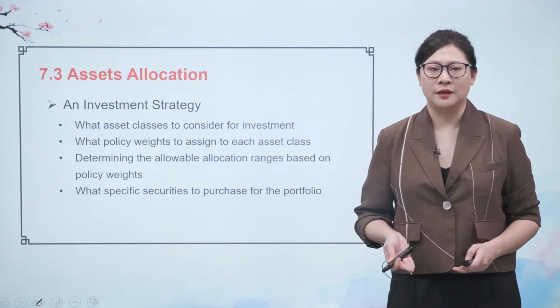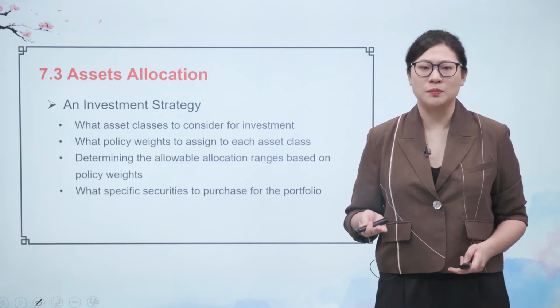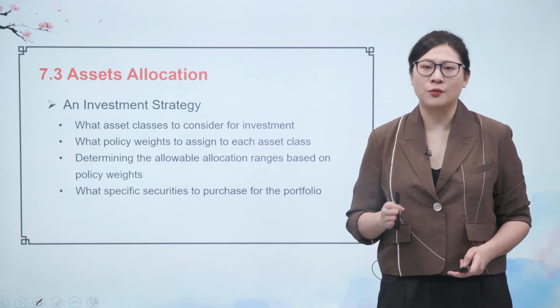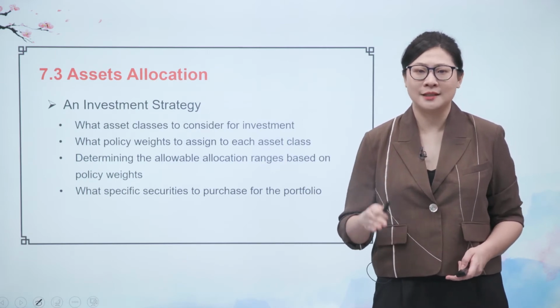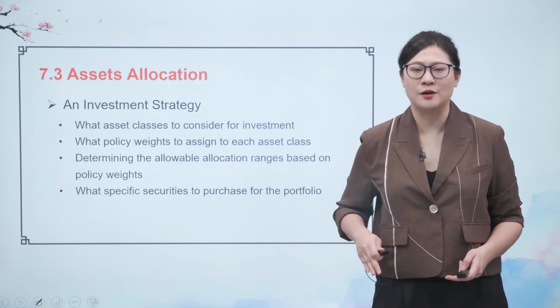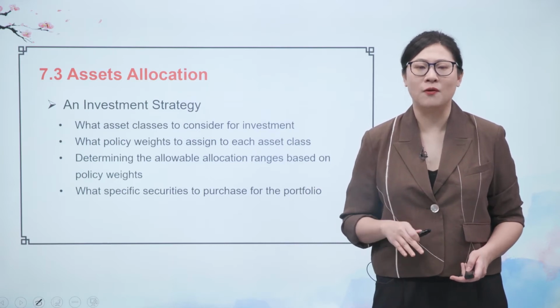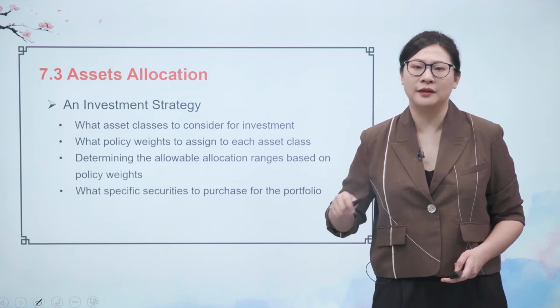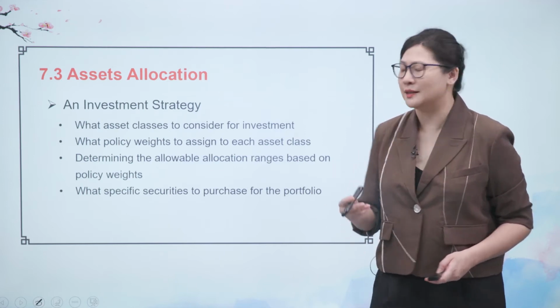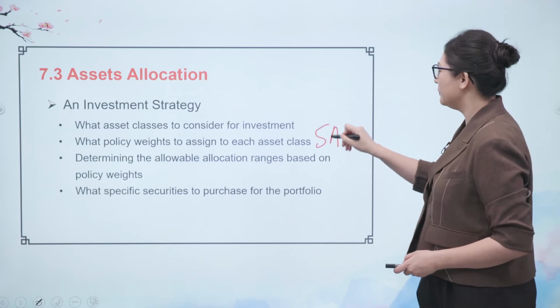Now let's have a look. For an investment strategy, there are four questions you will think about. The first one is what asset classes to be considered for investment. The second is what policy weight to assign to each asset class. That's the SAA.